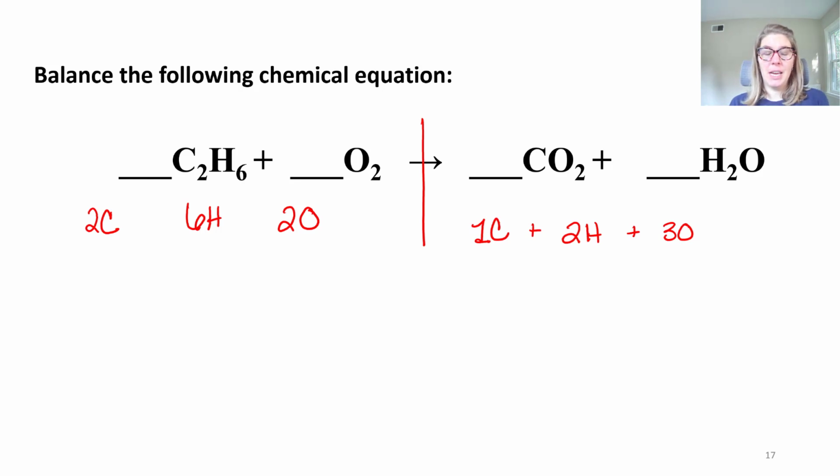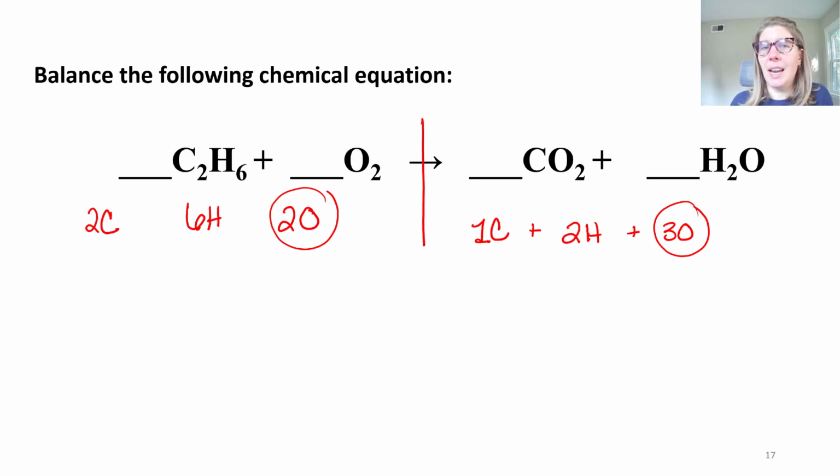So the first thing that I notice here is we don't have any of the same number of atoms, like none of them. So the other thing that I notice is on the reactant side, I've got 2 oxygens, but on the product side, I have 3 oxygens. Whenever you have an odd number on one side and an even number on the other side, that's going to give you trouble.